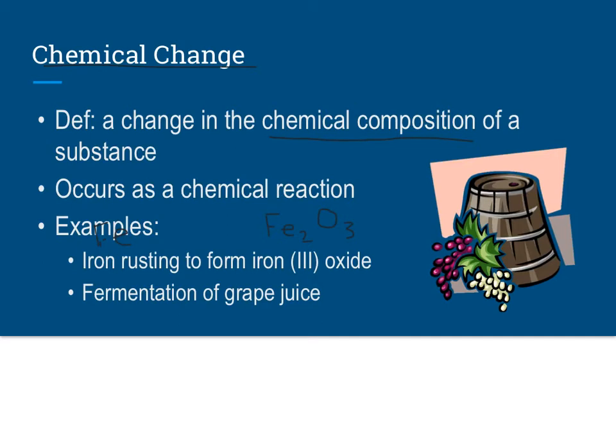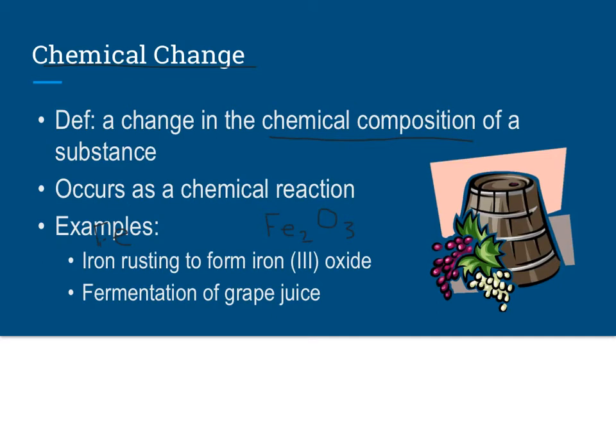Chemical changes are those changes in which we can't go back to our original form. So if we think back, we said with a physical change, we could go back. In a chemical change, it's going to be almost impossible or very difficult to go back to our original form. So once iron has rusted, we can't simply get our regular iron back. Wine that has been fermented cannot go back to grape juice.